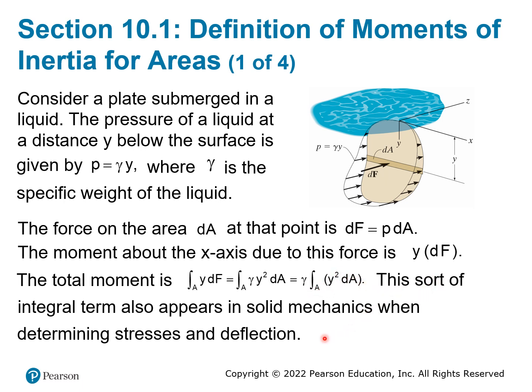This represents the total moment about an axis. The same kind of integral expression appears in solid mechanics when we analyze the stress and deflection in beams. We are not going to cover this part, but you have to know how to get this part first.